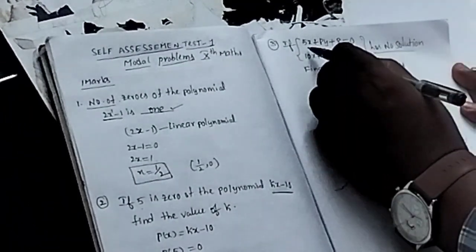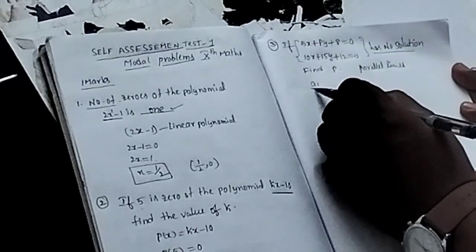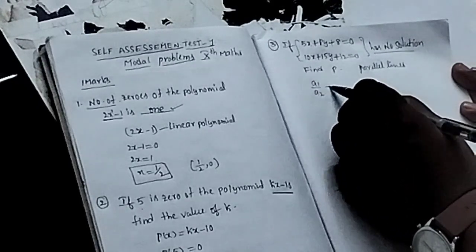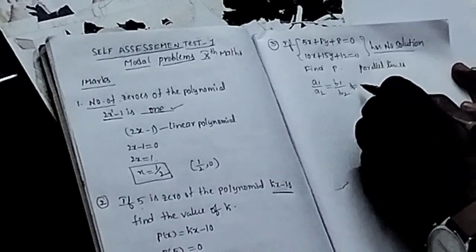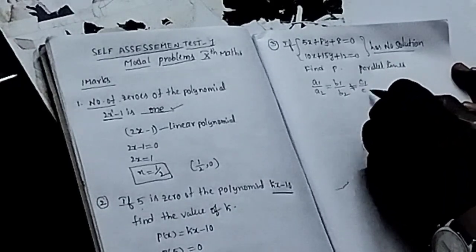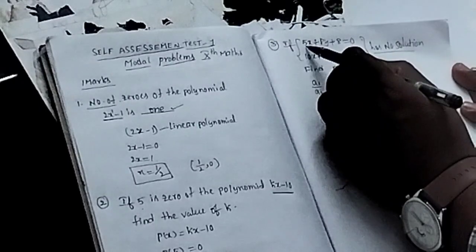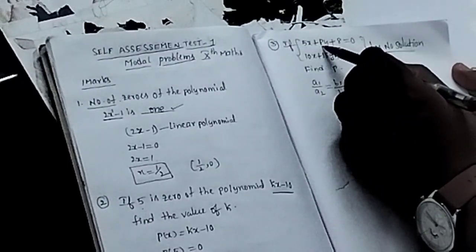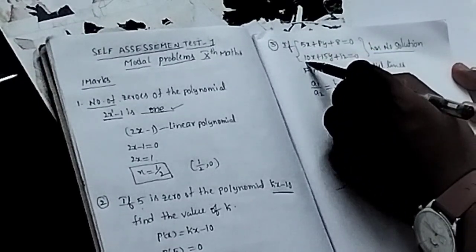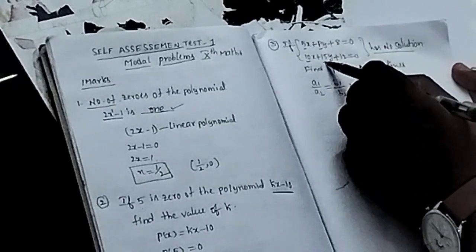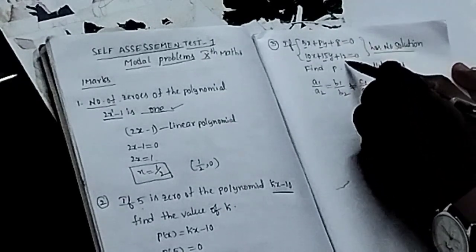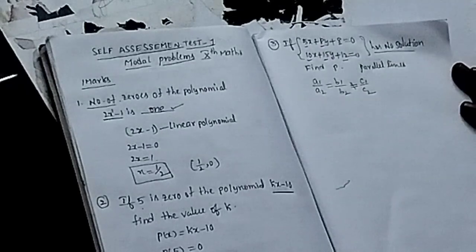Their condition must be A1 by A2 equal to B1 by B2 not equal to C1 by C2. A1 is 5, A2 is 10, B1 is p, B2 is 15, C1 is 8, C2 is 12.